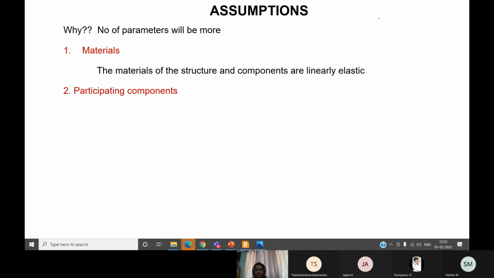What is Hooke's law? Tell me, what is Hooke's law?